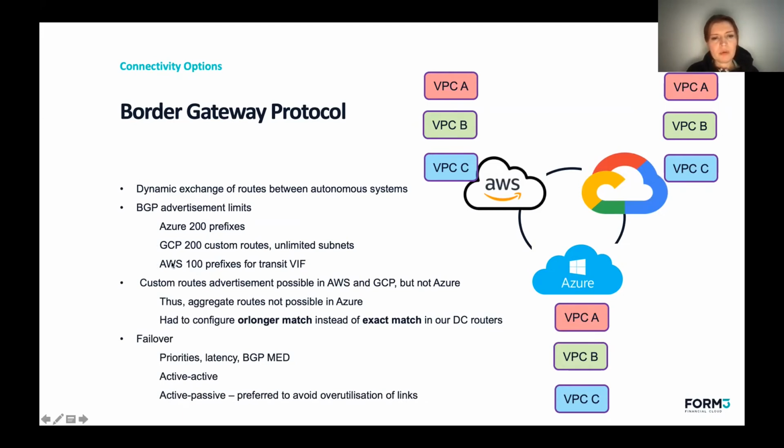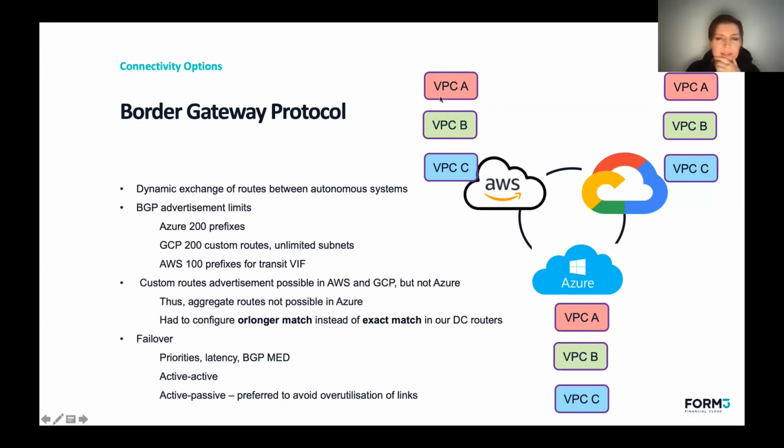The biggest problem was in Azure, because AWS and GCP support advertisement of custom routes. So if we want VPC A, VPC B, VPC C in AWS to be advertised to other clouds, we can do it by advertising each prefix of the network separately, or we can create an aggregate prefix.